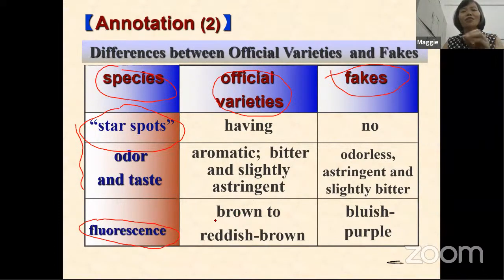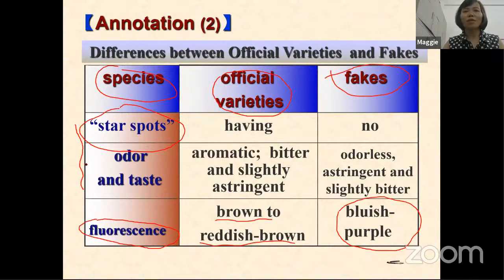If it shows brown to reddish brown, it indicates these are official varieties, and fakes show bluish purple. So these are the main differences between official varieties and fakes.